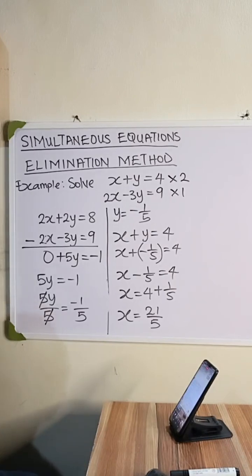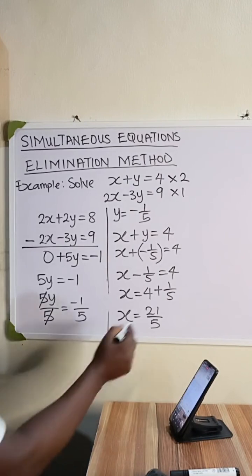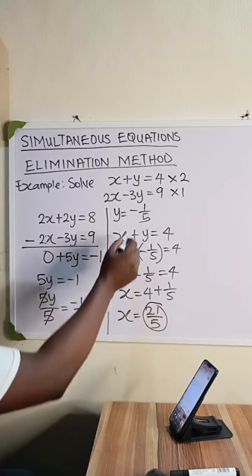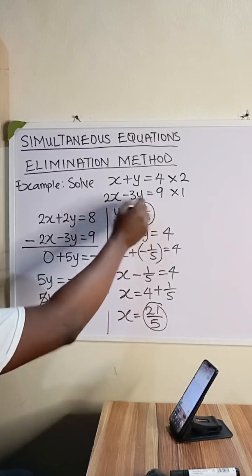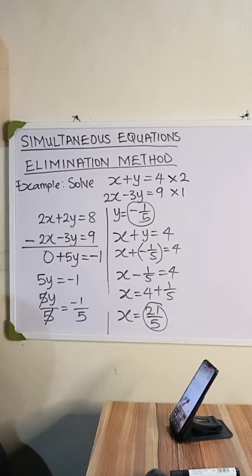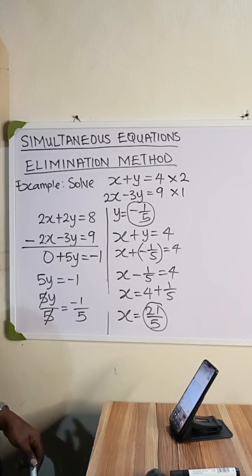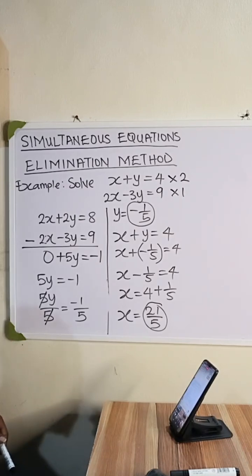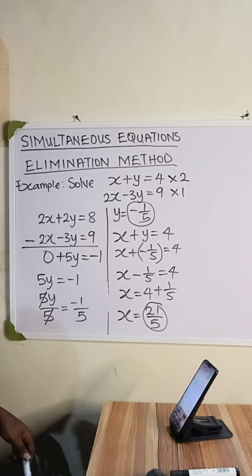So this means we found out that the value of x is equal to 21 over 5 and the value of y is equal to minus 1 over 5. Now the question is, was this the same answer we got when we used the substitution method? I'm asking those of you that were here in the last class.